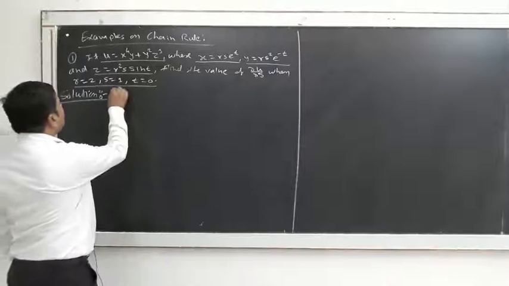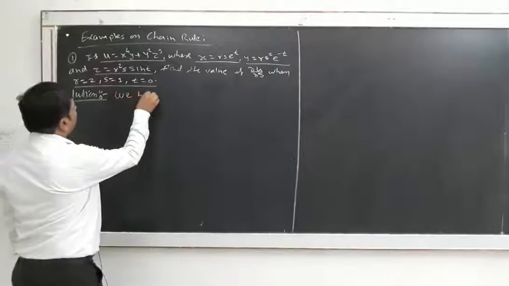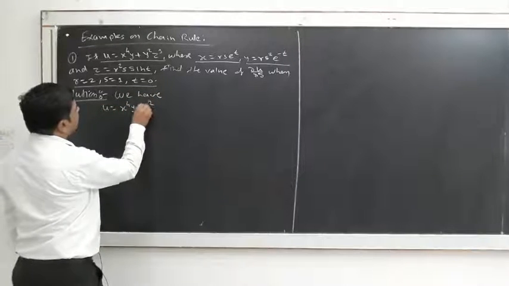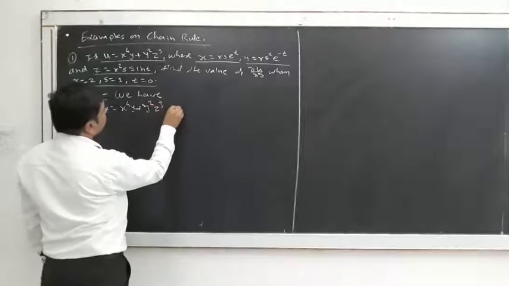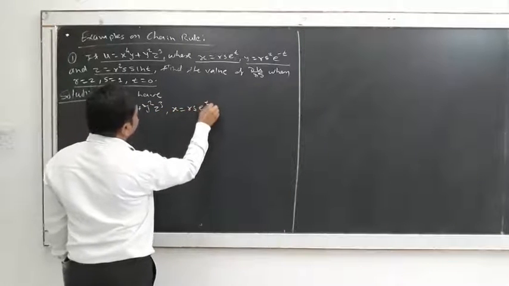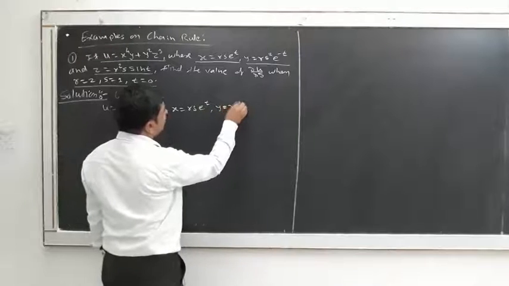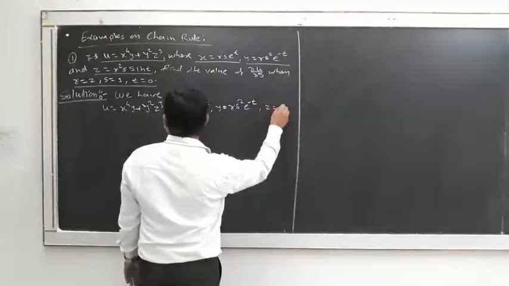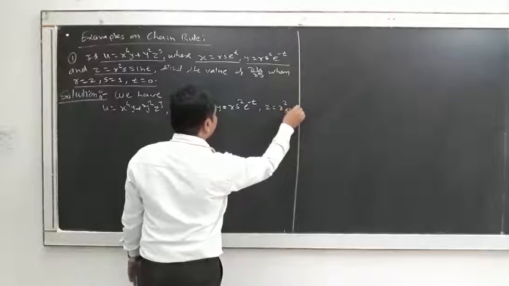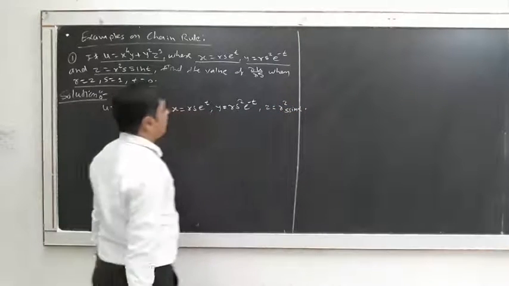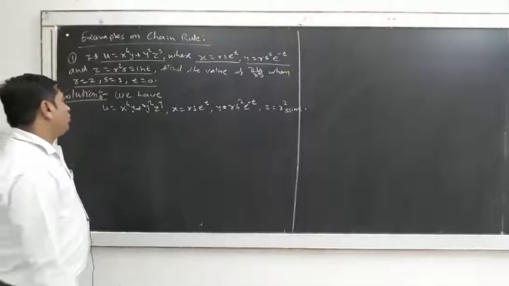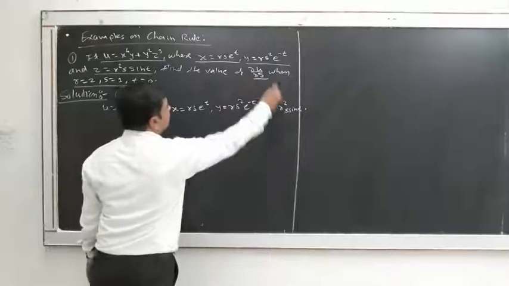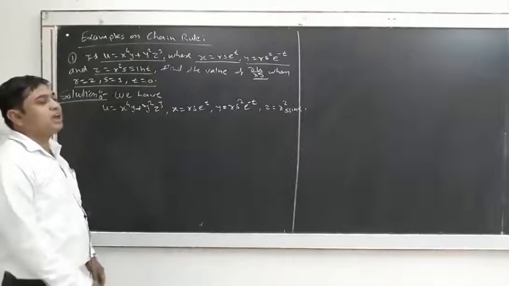So what we have? We have u is equal to x raised to 4 y plus y square z cube, and x is equal to r s e raised to t, y is equal to r s square e raised to minus t, and z is equal to r square s sin t. So we draw the tree diagram for writing the chain rule for del u by del s.